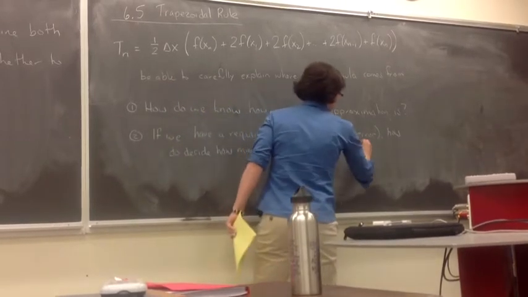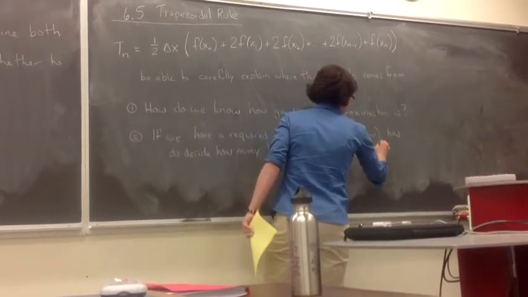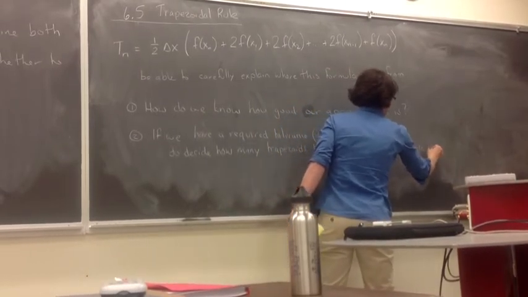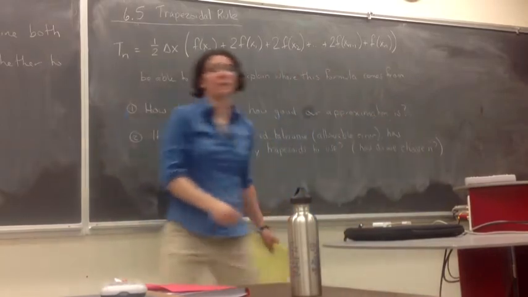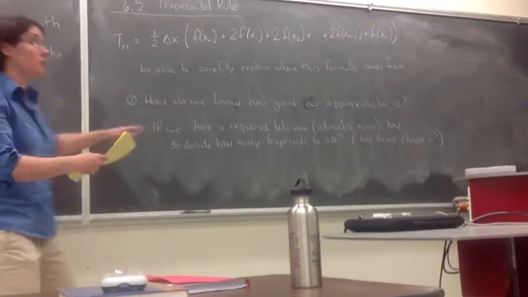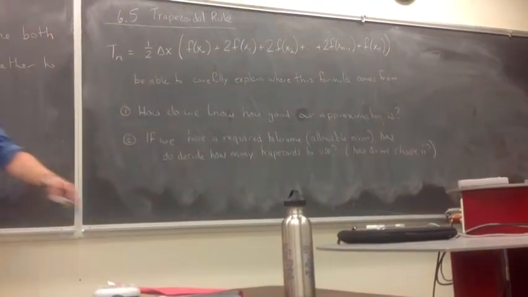In other words, how do we choose n? And these were the 2 questions that I left you with, and we want to answer these questions during our first hour of class today.